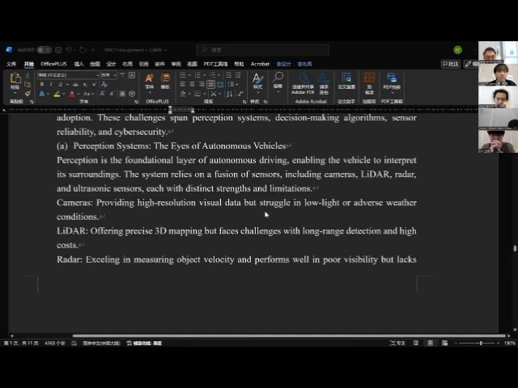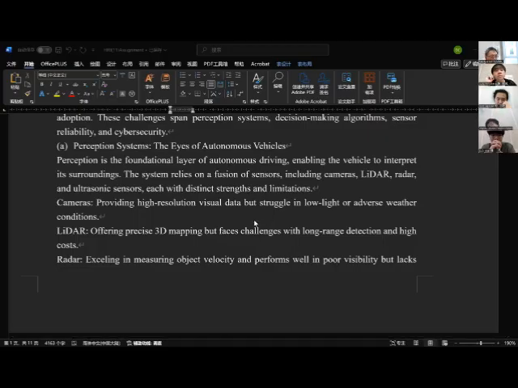Perception systems, the eyes of autonomous vehicles. Perception is the foundational layer of autonomous driving, enabling the vehicle to interpret its surroundings. The system relies on a fusion of sensors, including cameras, LiDAR, radar, and ultrasonic sensors, each with distinct strengths and limitations.